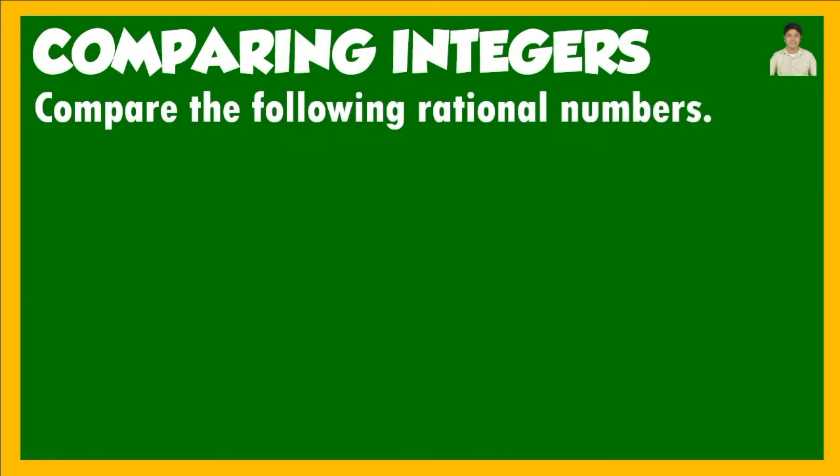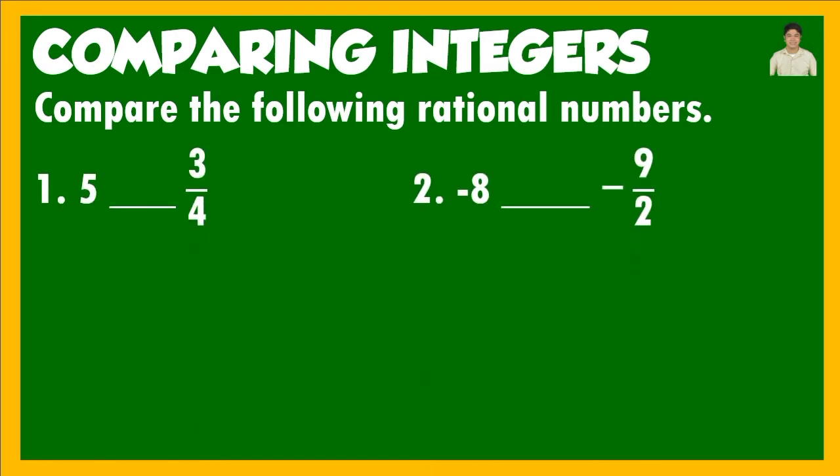Now, let us compare the following rational numbers. So, this time, yung mga integers, i-compare natin sa mga whole numbers, decimal fractions, or pwede rin naman yung mga rational numbers, like for example, yung decimals to whole numbers, decimals to fractions ang kino-compare natin.